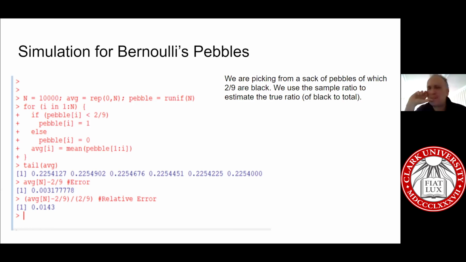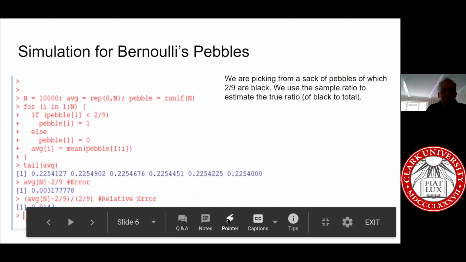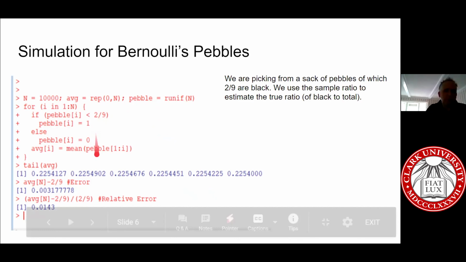All right, so in here, all we do is repeat. I did 10,000 of these, and I generate a uniform vector of random numbers between 0 and 1. I come in this loop and check, is it less than 2/9? I set it to 1, that means it's a black pebble.